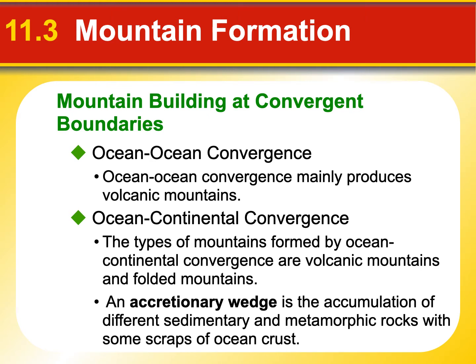It also, when you have oceanic to continental convergence, you get another interesting feature known as an accretionary wedge. So all of the sediment and crud that's down there on the bottom of the ocean is getting rammed into the edge of the continent. And as it slams into the edge of the continent, it kind of gets scraped off as the plate descends, and it metamorphoses a little bit.